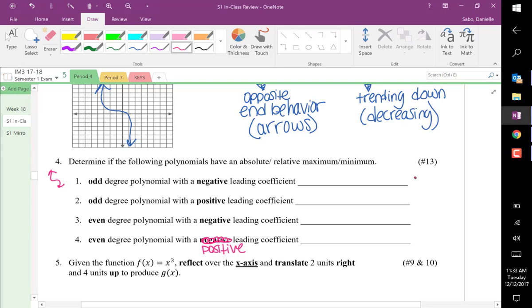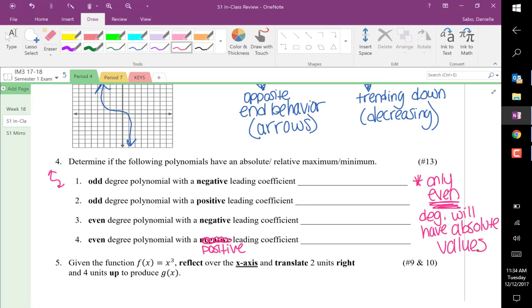I'm going to write a note actually first. Only even degrees will have absolute values. So I'm going to put that down just so that you have that to look off of, because that's important for one of the questions on your final.